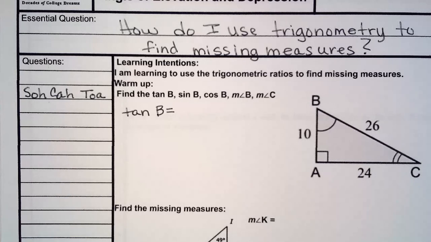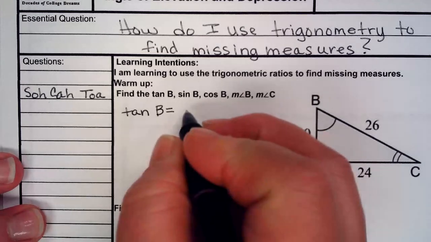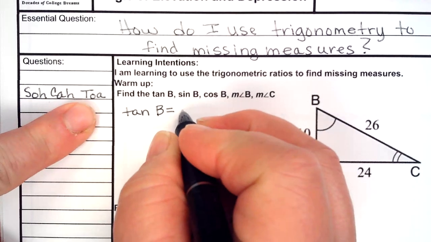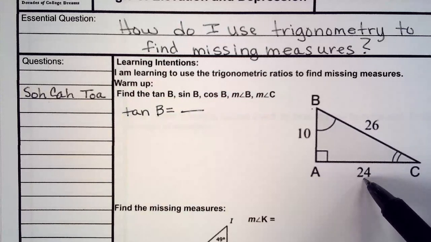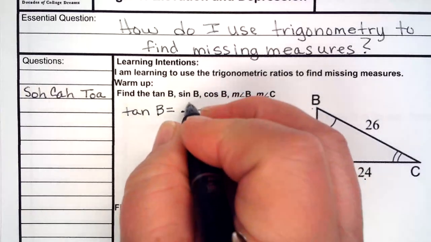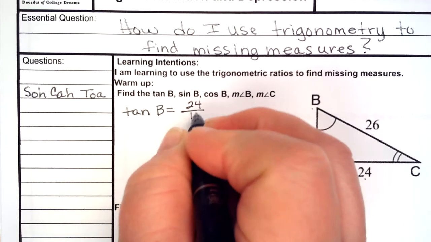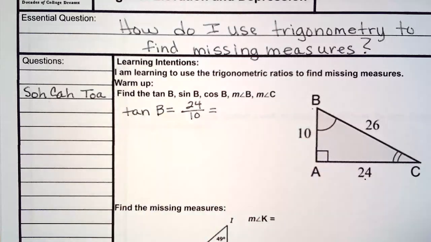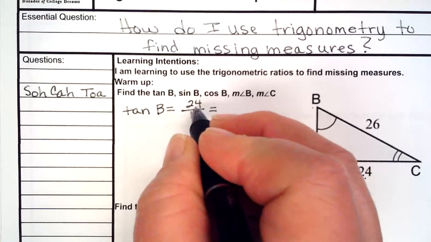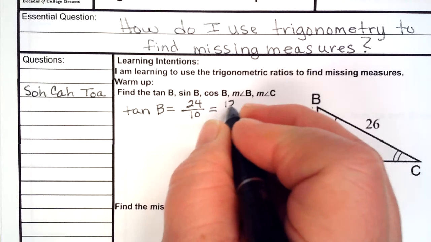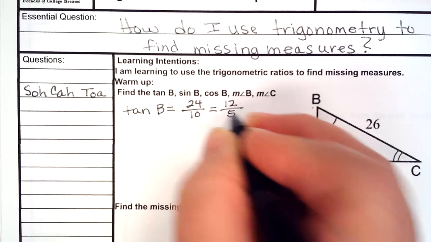I hope you tried to do it on your own. The tangent of B, we're looking at the opposite over the adjacent. If I'm at B, opposite is 24, adjacent is 10. I can simplify. Both of those have a factor of 2. 24 divided by 2 is 12. 10 divided by 2 is 5.